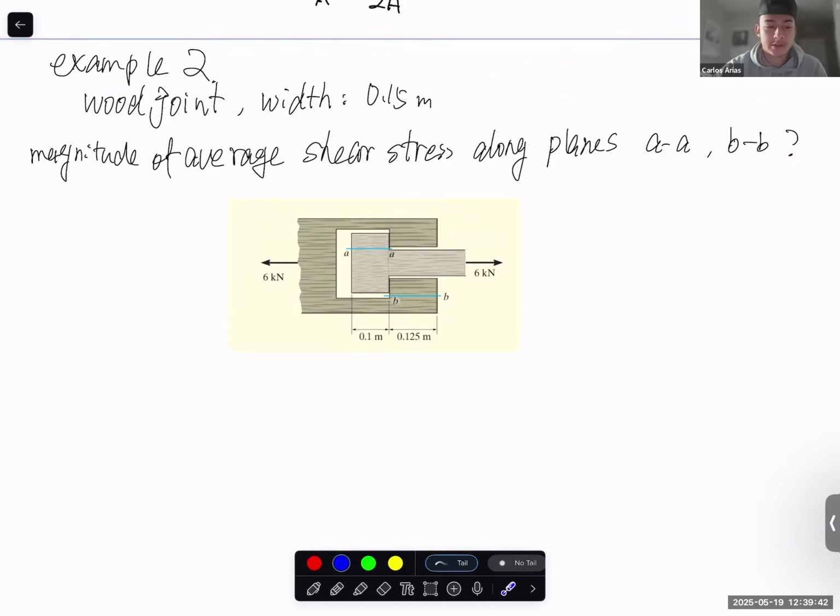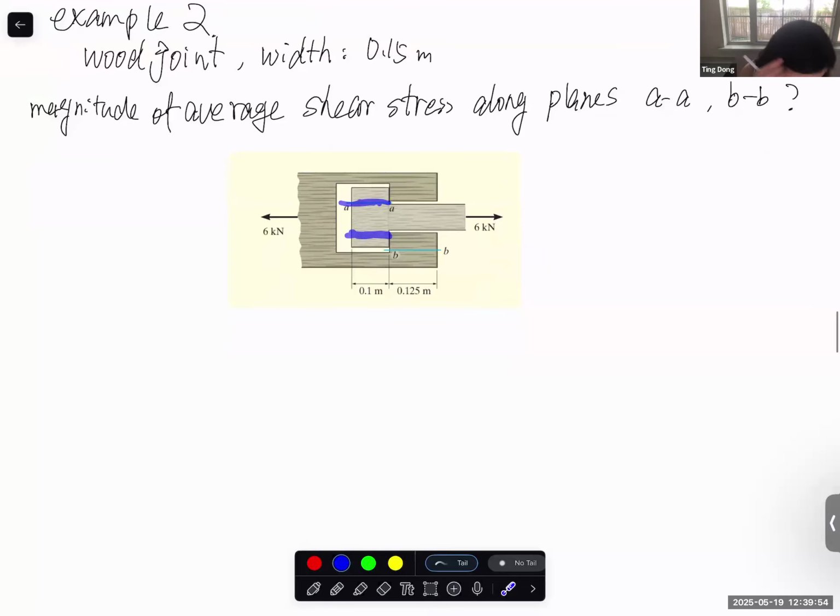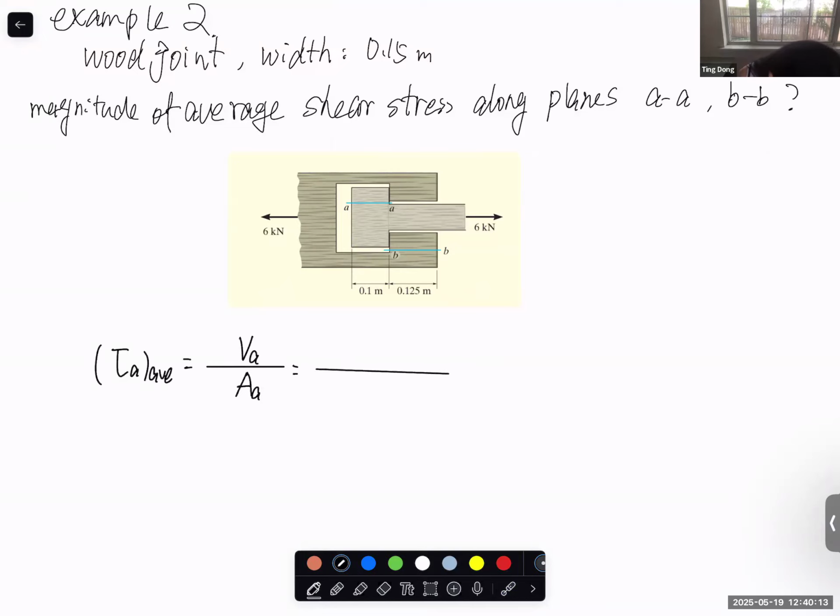Is it 3 kilonewtons? Yes, thank you. Since we have 6 applied here, you should expect this one to be half, and of course the other half is carried by here. So the internal shear force on the AA plane is 3.